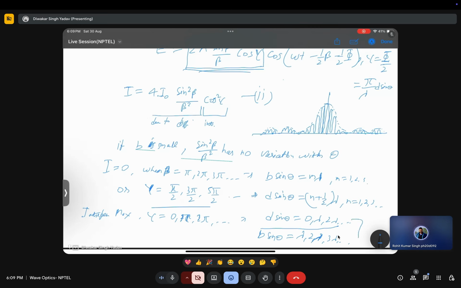What happens when both these things are satisfied? This can happen, right? So this is the condition for minima, as we see here, the diffraction minima, and this is the condition for interference maxima. So what happens when both the conditions are satisfied? Anyone?